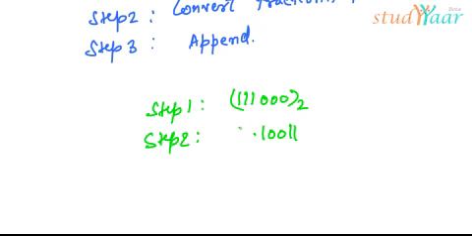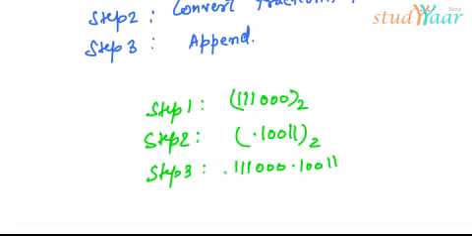And the final step is append. So what I get is 111000, and to this you append the fractional equivalent binary number, which is 0.10011.